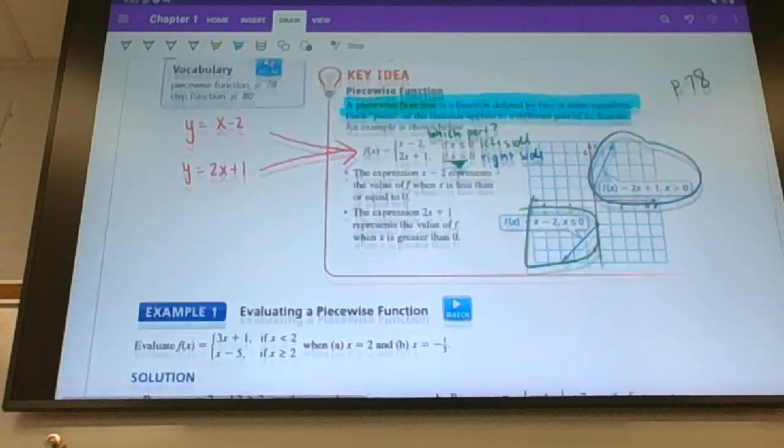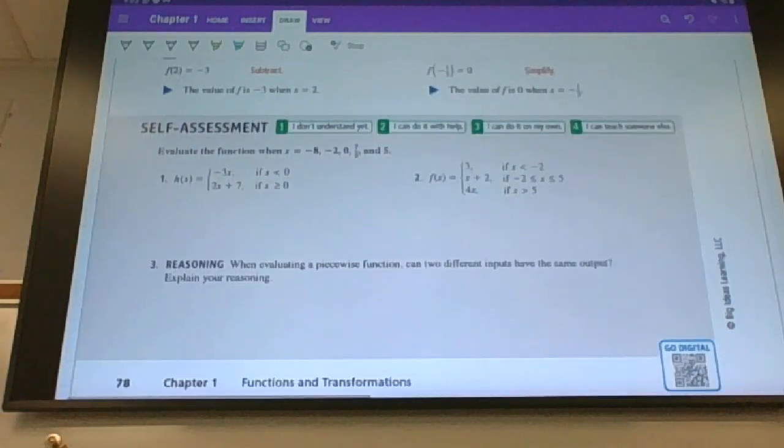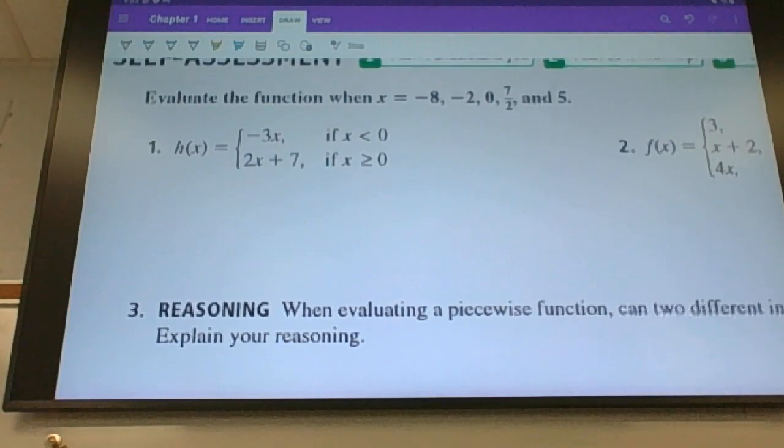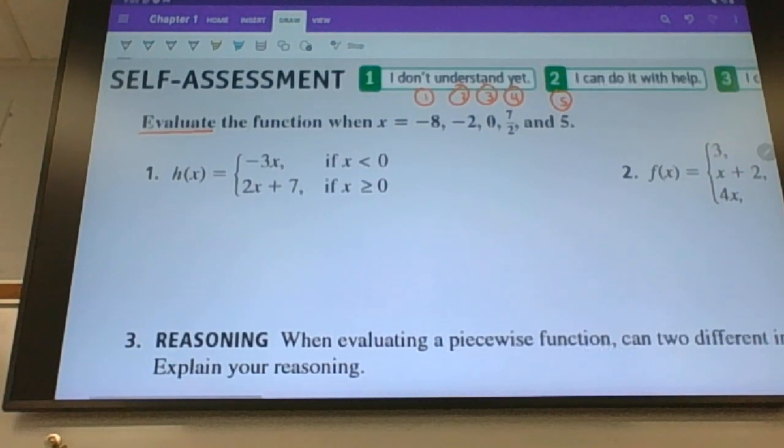Let's take a look at what a question might look like. Let's look at number 1 here. It says evaluate, and then it gives us what? 1, 2, 3, 4, 5 numbers to plug in for x.